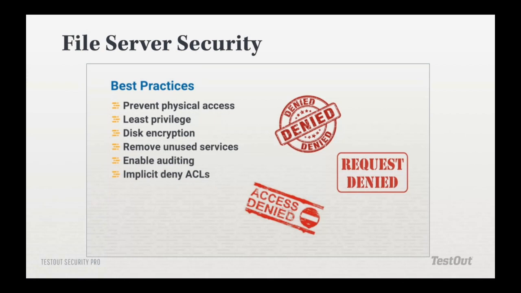Use full disk encryption on backups. Also implement strong authentication. Remove any unnecessary software and disable unused services. Use the implicit deny access control list. Also use hidden folders and files and audit the file system. Those are some of the best practices for file server security.